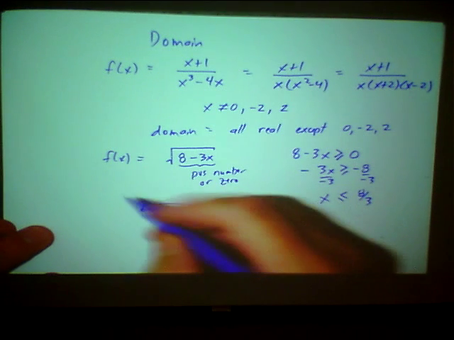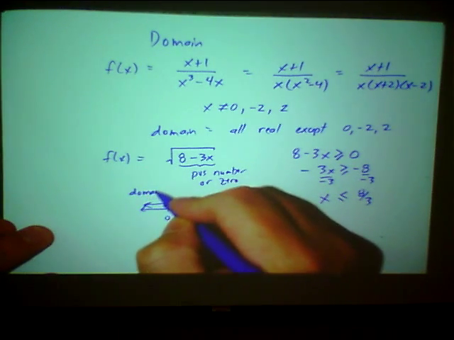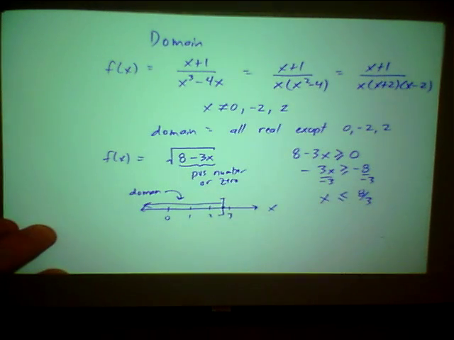What I'm saying is, this is my domain. That's the interval that x's can be in order for the expression under the square root to be positive.